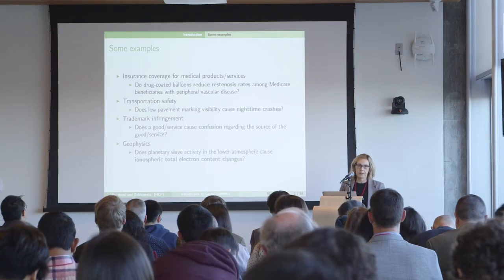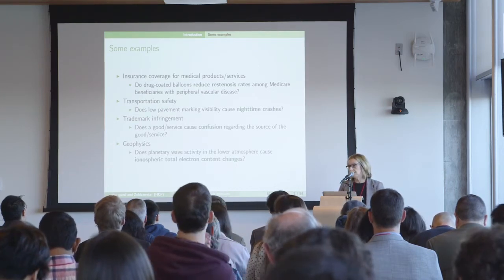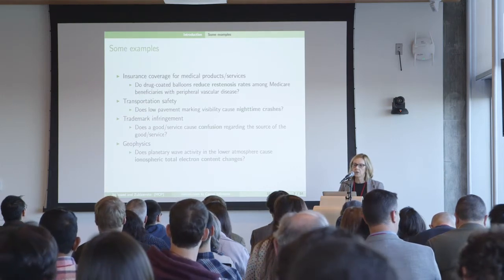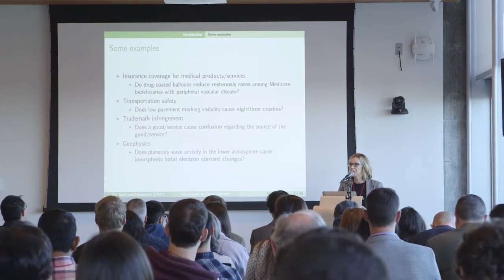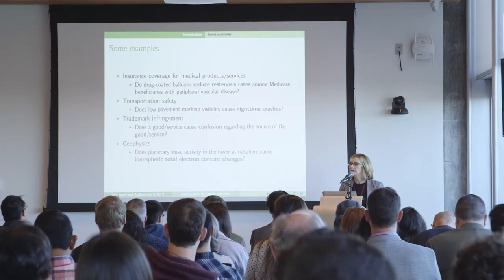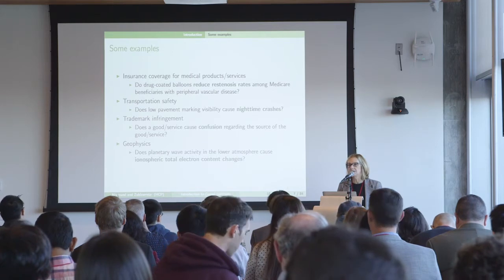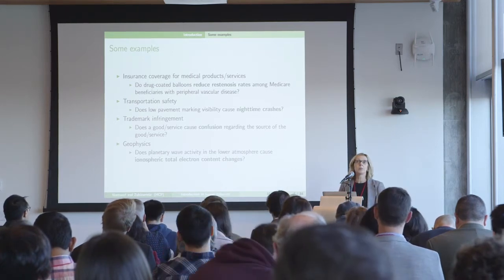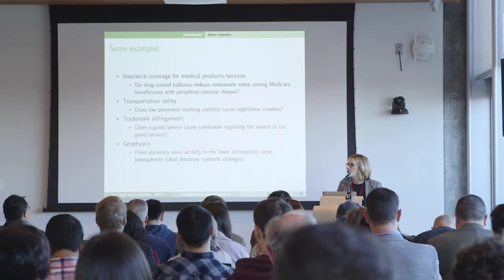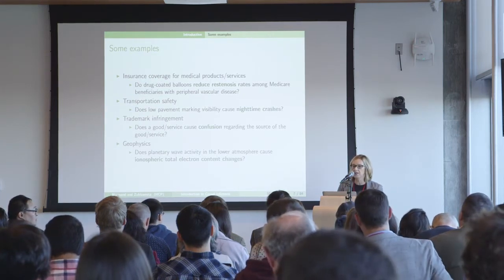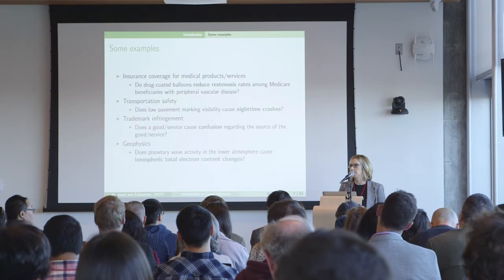I work in the medical area in health services research, and some important questions are whether your health insurer should cover the costs of new procedures and new drugs that are approved by the FDA. One example: do drug-coated balloons reduce restenosis rates among Medicare beneficiaries with a particular disease?